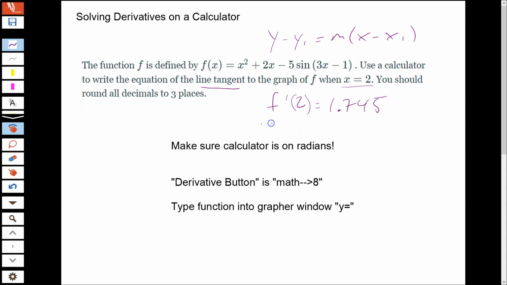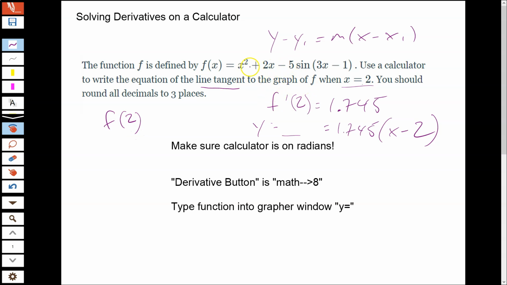So the result here would be y minus f of 2, right, equals my slope now, 1.745, times x minus x1. Well, x1 is 2. Okay, so we just need a y value. Y value is going to be at plain old f of 2.